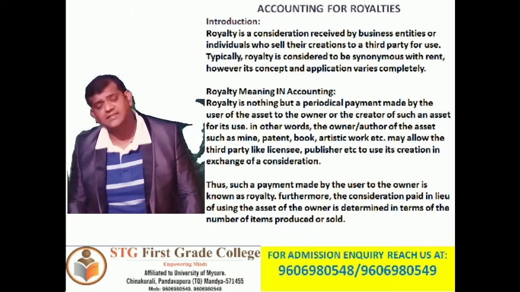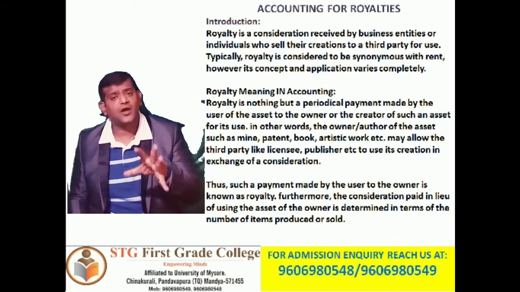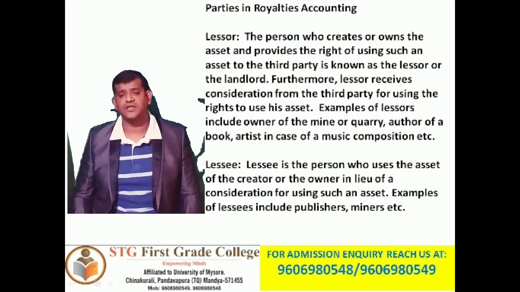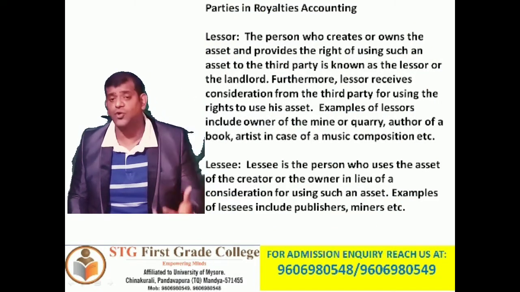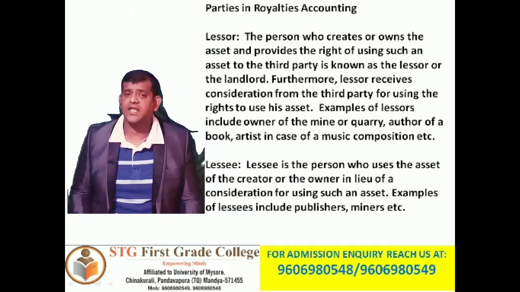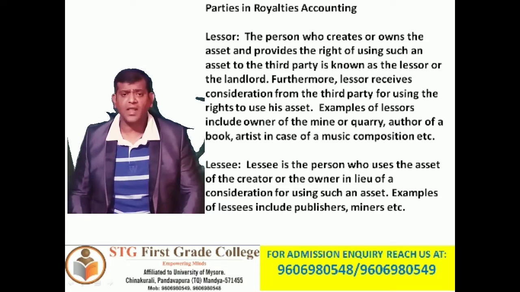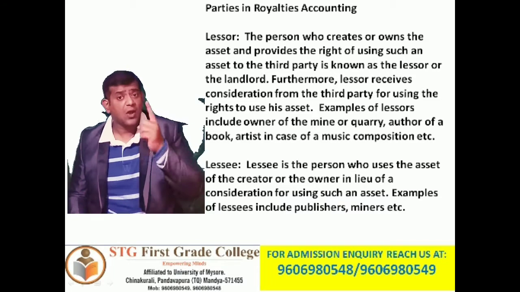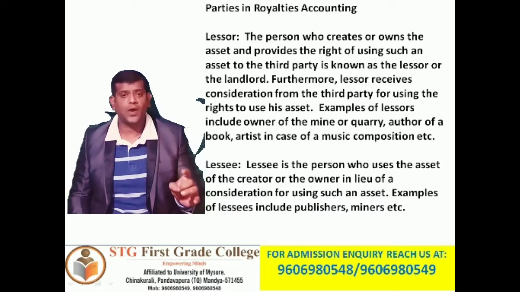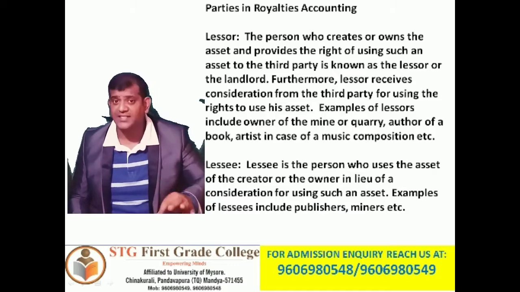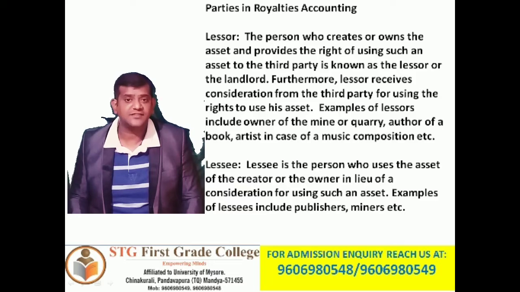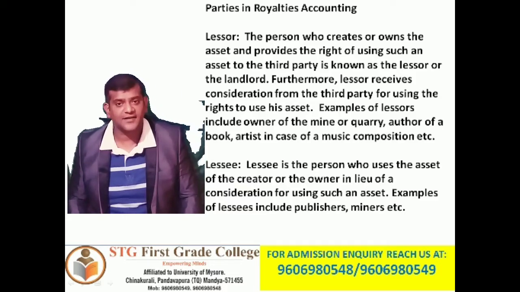Now let us understand the parties who take a major role in royalty accounting, the parties we must know while preparing our royalty accounting. First I am taking the lessor. The lessor is the person who creates or owns the asset and provides the right of using such an asset to a third party; he is known as the lessor or the landlord.